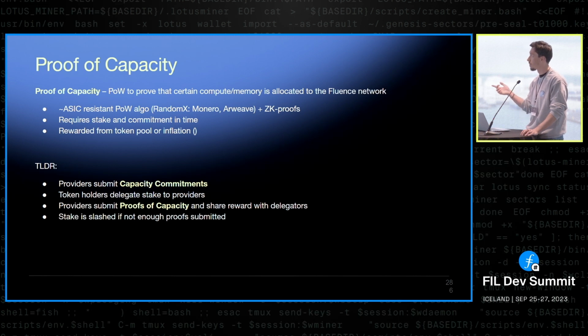Similar thing with proof capacity. Proof capacity is a proof of work based on RandomX. We also had the option to validate the RandomX solution on chain in WASM. It turned out too expensive, too slow.